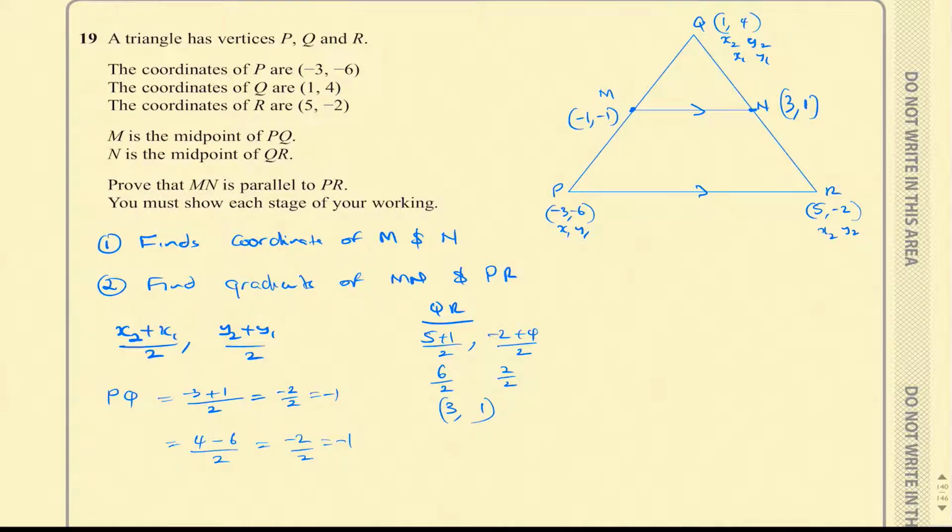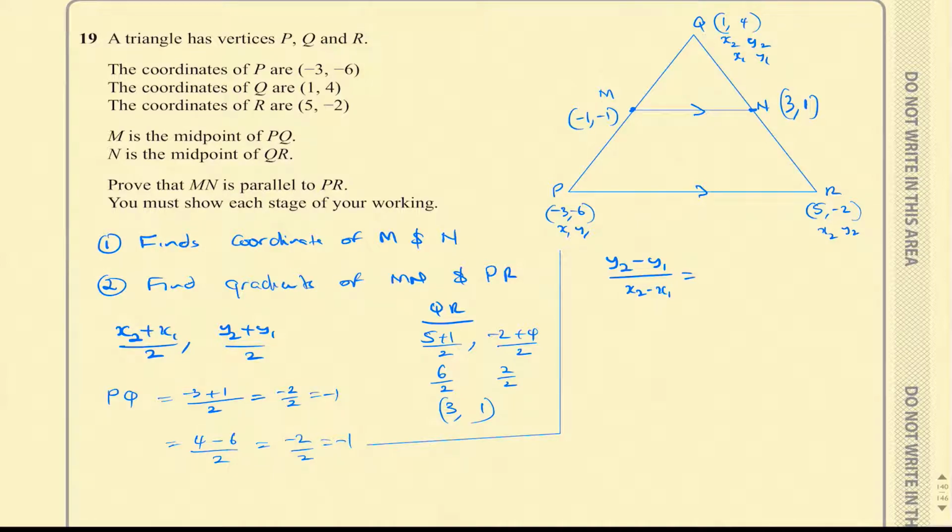After that, we know the coordinates. Now we need to find the gradient. To find the gradient of MN, we use y2 minus y1 over x2 minus x1.